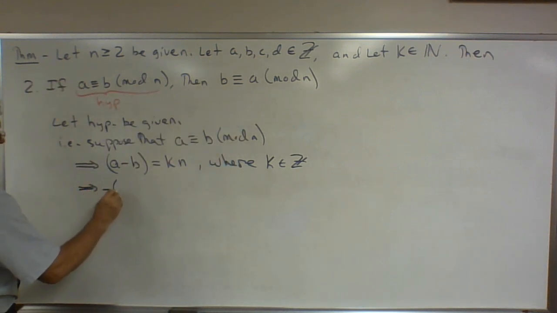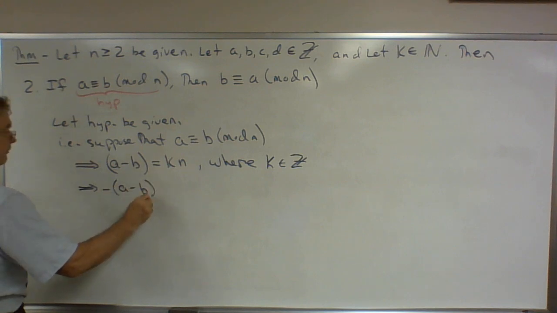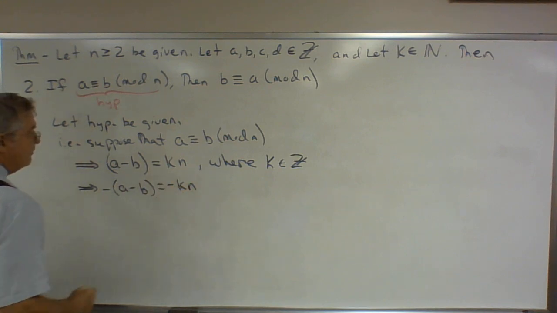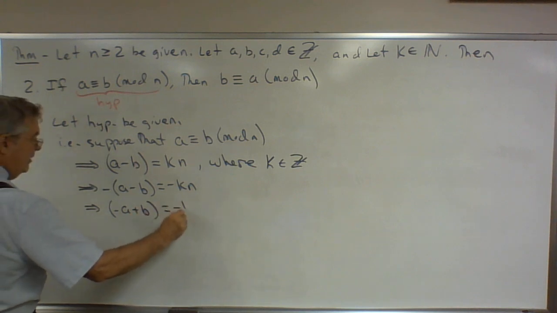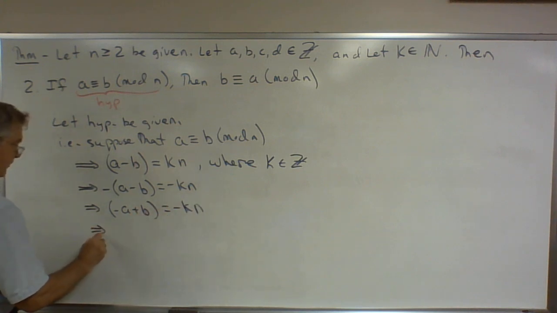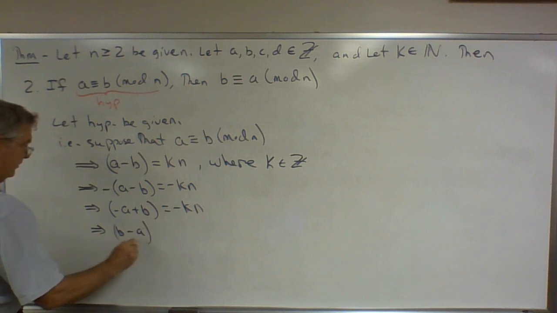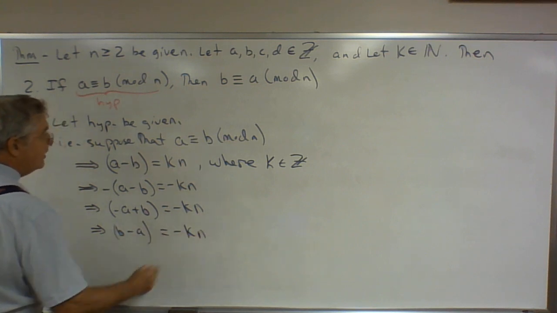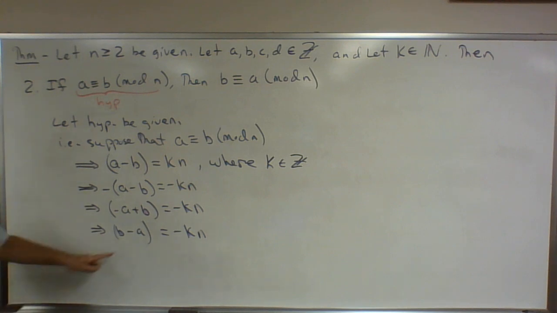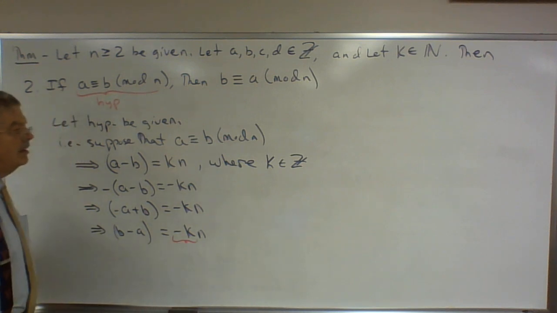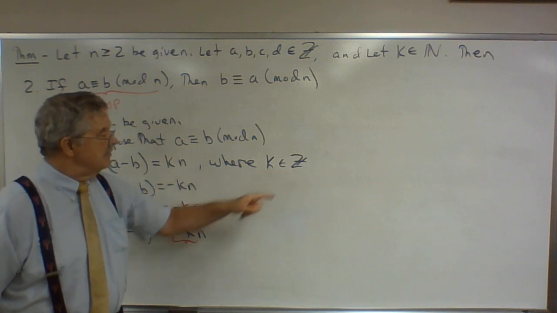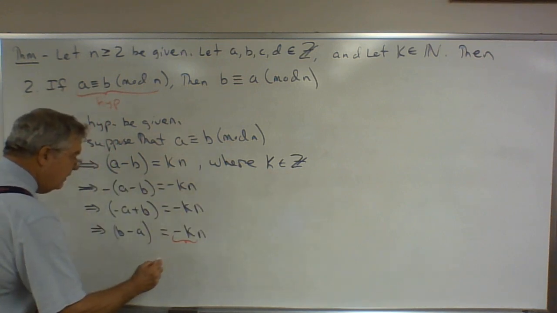Now I'm just going to multiply both sides by -1. The difference of b minus a is equal to -kn, but since k is an integer, -k is also an integer.